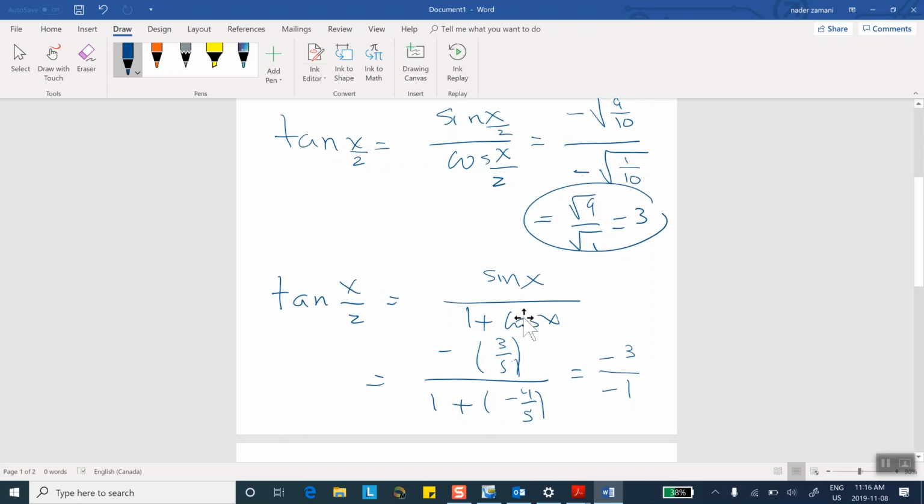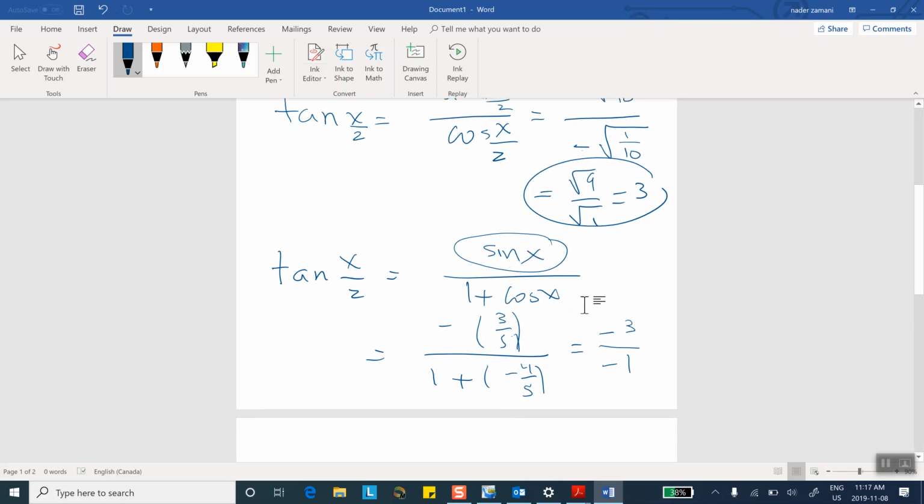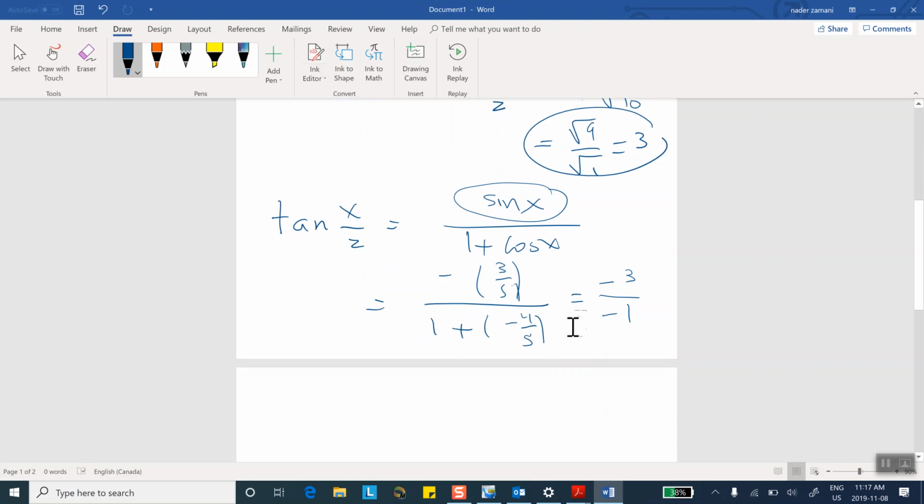Hang in there. Sine is negative. Let me see for a second. We're getting some problem here. Cosine was given to me and it was minus 4 over 5. I wrote it here, that's fine. And then sine on the top is also negative, so this is minus 3.